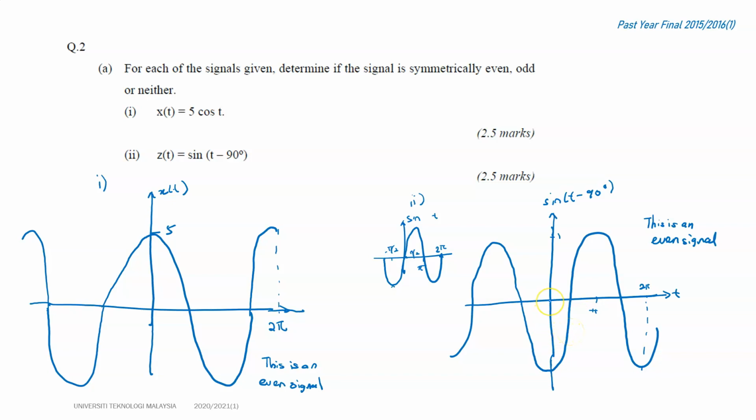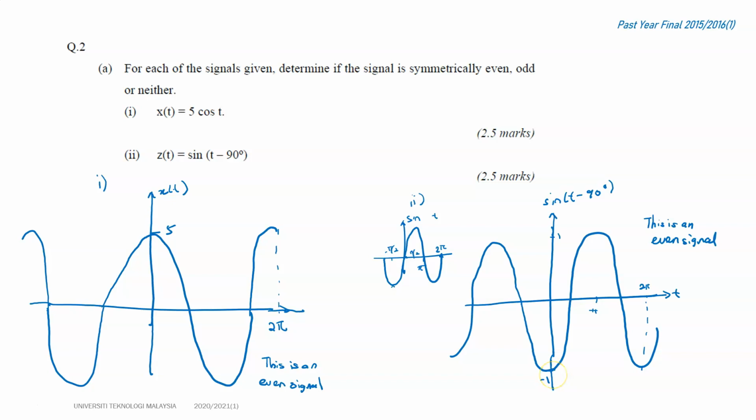Let's say at t equal to 0, sin(0 minus 90 degrees) is equivalent to sin(negative 90 degrees). If you key in your calculator, sin(negative 90 degrees) is negative 1. So now you are sure that you have the correct answer.